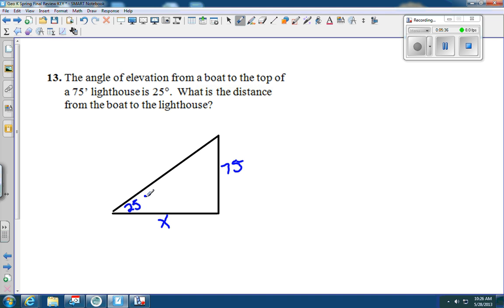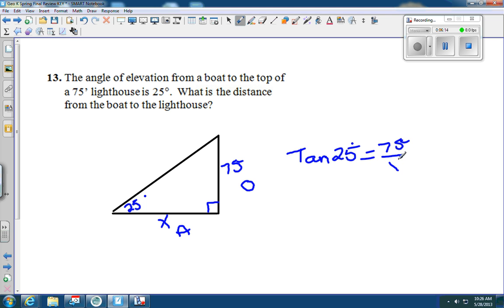Since our angle is 25 degrees, we can't use special right triangles, so we're going to use trig. Looking at this angle, I have the opposite side and the adjacent side, so that would be tangent. Tangent of the angle 25 equals opposite, so 75 over x.